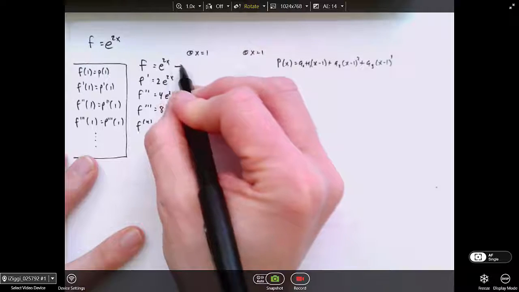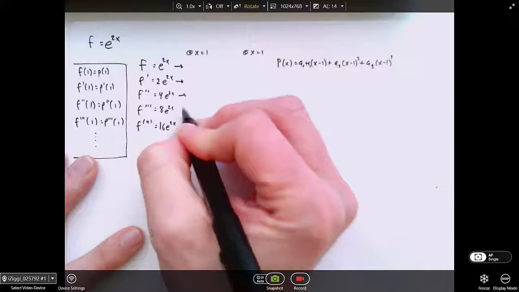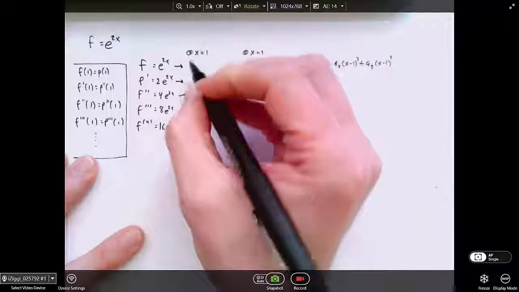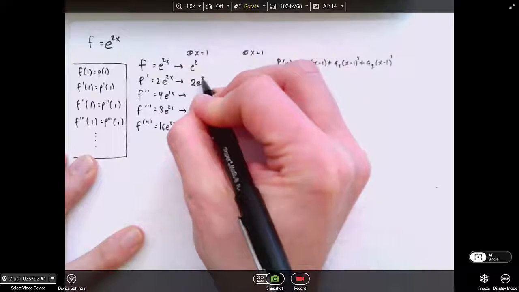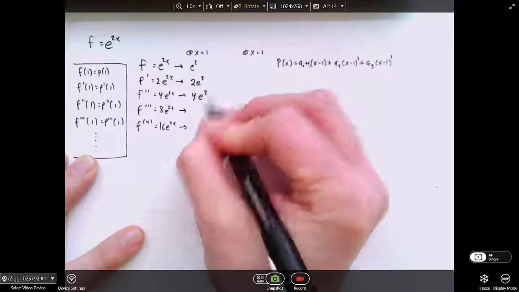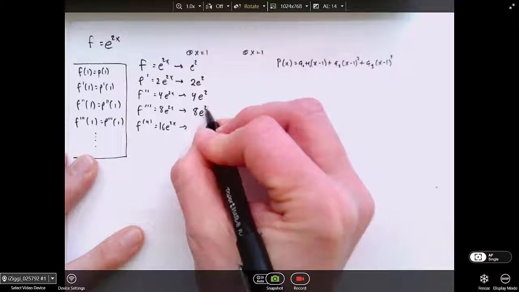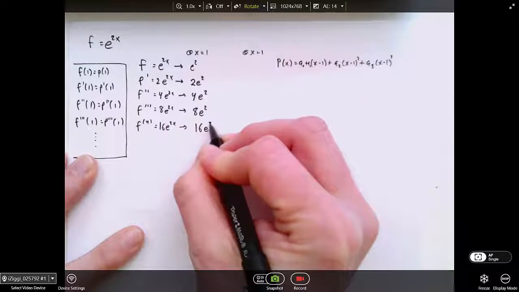And if I evaluate each of those at x equals 1, that gives me e squared, 2e squared, 4e squared, 8e squared, and 16e squared.